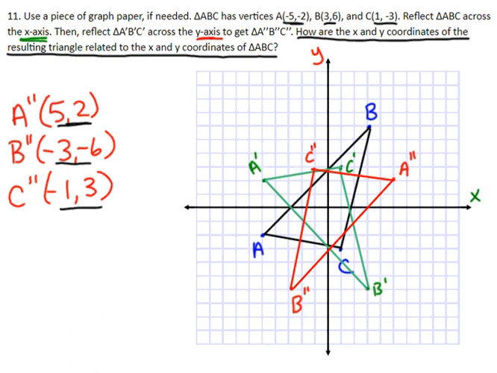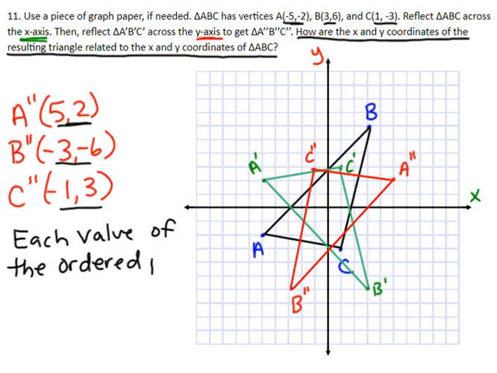So we can just say each value of the ordered pair switched its sign. Okay, or you could just say that you use the opposite, since opposite means that the sign is different.